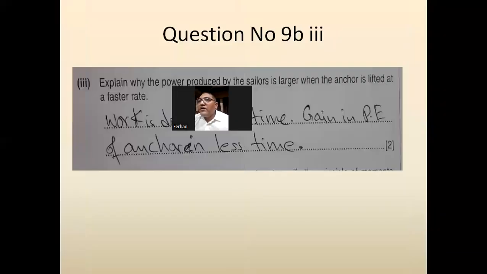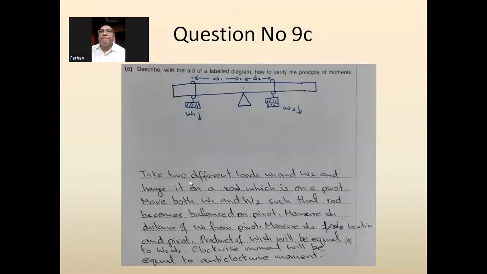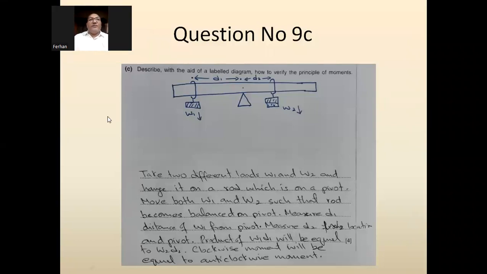So here we go. Okay, so the answer is coming up on your screen. You can see the diagram also showing up on your screen. I have shown a rod, and I have placed a pivot under the center of the rod.